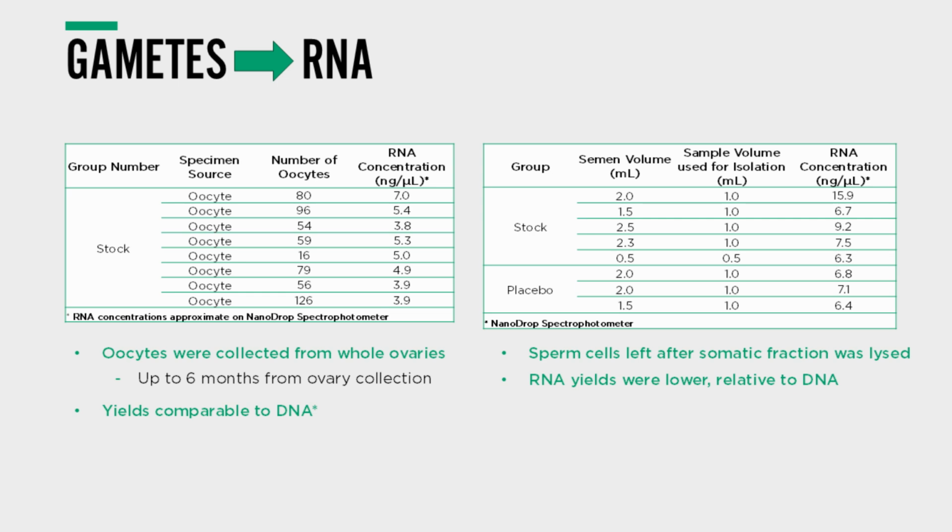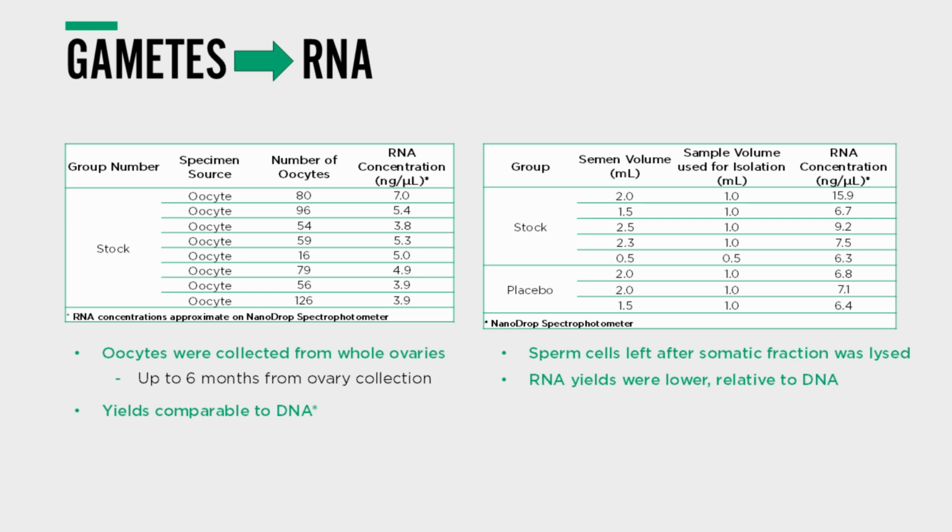So for the DNA isolation data on the previous slide, those oocytes were isolated from half ovaries. For the gametes that we used in RNA isolation, they were, again, whole ovaries. Some of these ovaries were also stored at -80 for as long as 6 months, so it was a much longer storage period as well.